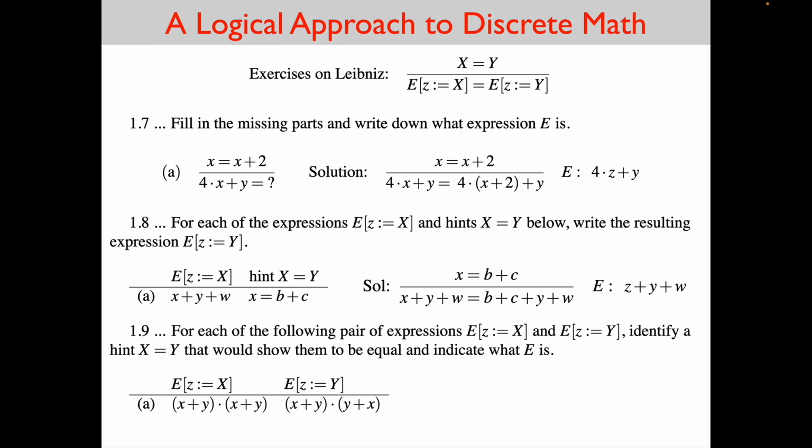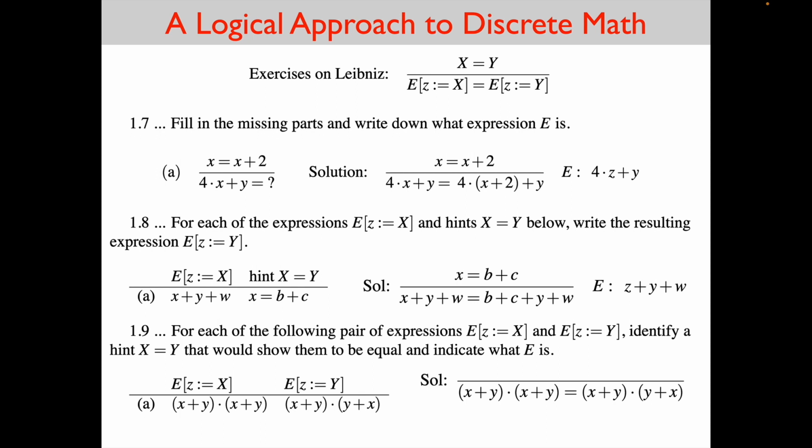So here again, the best way to approach this, I think, is to just write down the Leibniz inference rule with the quantities that they give us. So if you do that, it looks like this. They've given us x plus y times x plus y equals x plus y times y plus x. So the question is, what must equal what in order for these two expressions to be equal to each other?